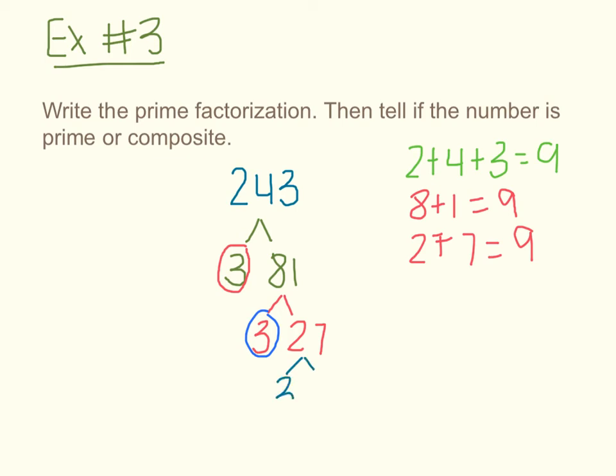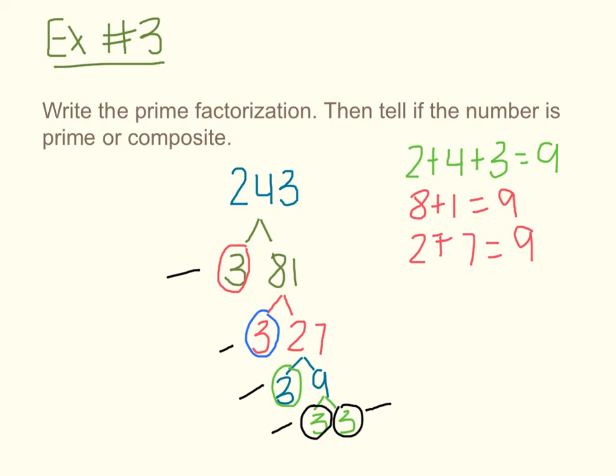So 3 times 9 is 27. 3 is a prime number, so I circle it. And then I'm down to 9, and I know 9 is 3 times 3. And I circle both of those. So now I have 1, 2, 3, 4, 5 3's.